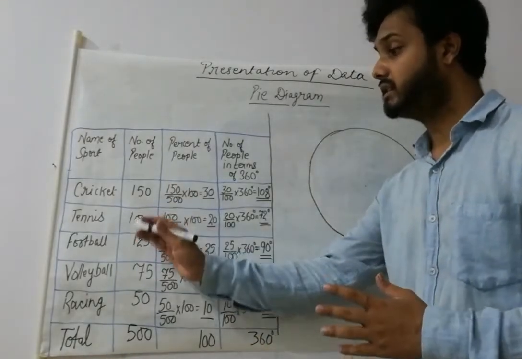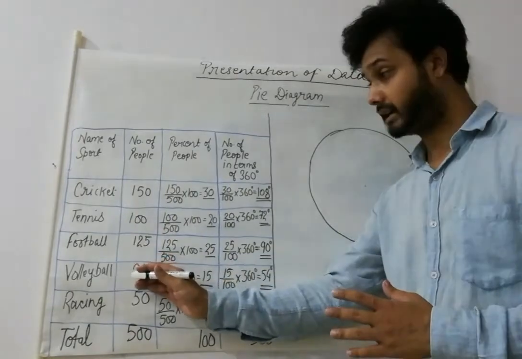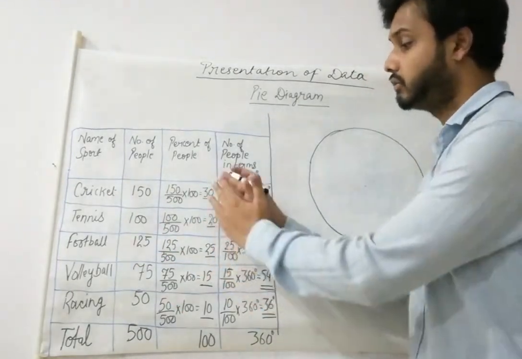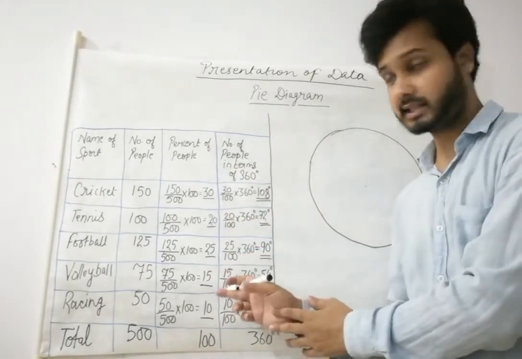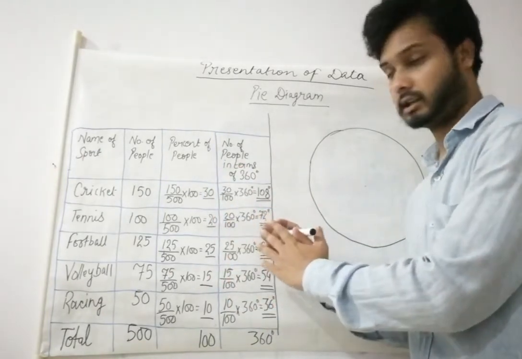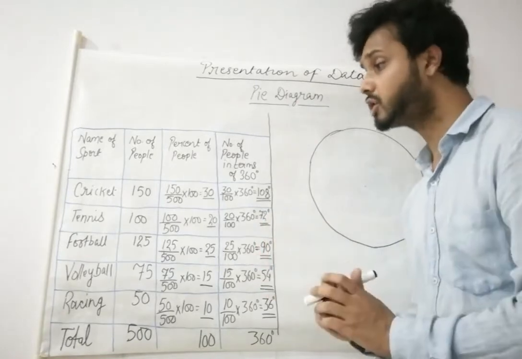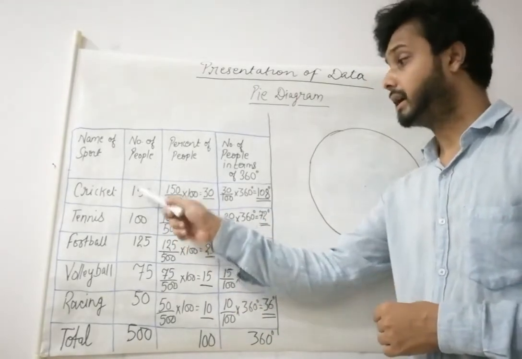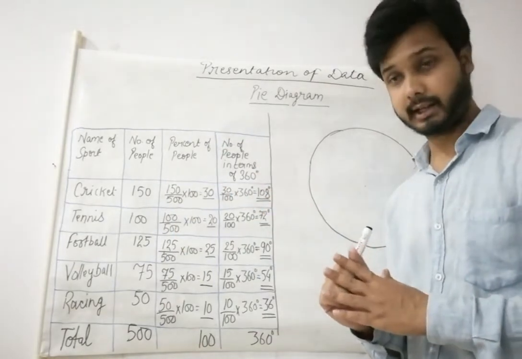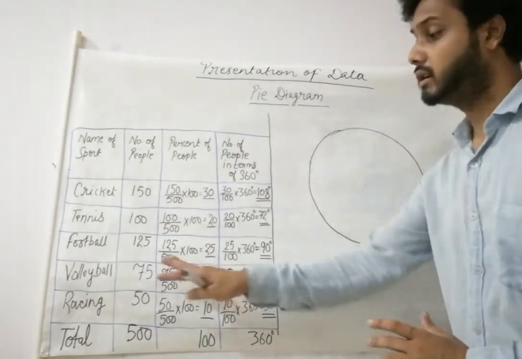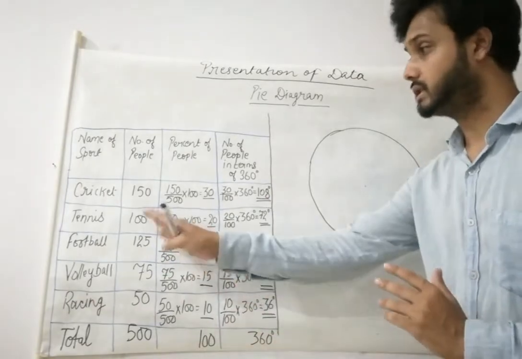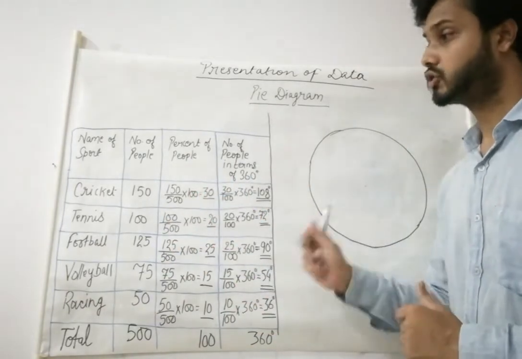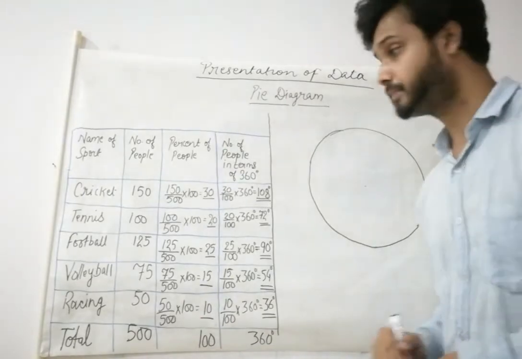Firstly, we can convert this data into percentages, and then whatever we get in percentages, we can convert into degrees. Or secondly, we can convert the given information directly into degrees. We will see both here. The usual way is to convert first into percentage and then into degree. So let us see how we have done this here.